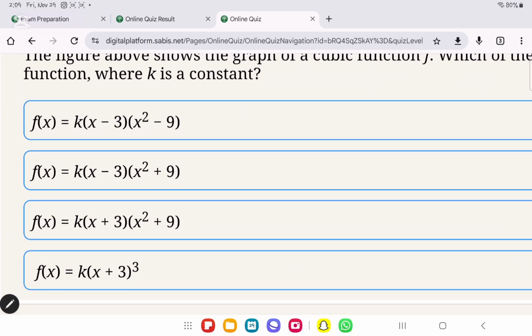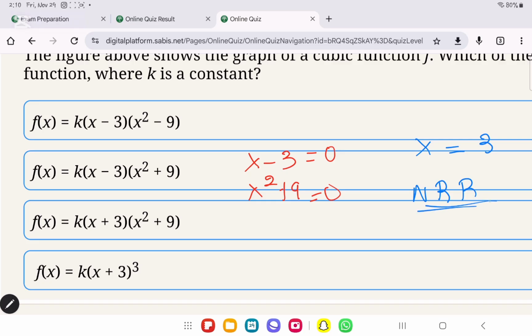Let us solve the next one. We have x minus 3 equals 0 and x squared plus 9 equals 0. Solving this one, you're going to get x is equal to 3. And solving this one, you're going to get no real root.